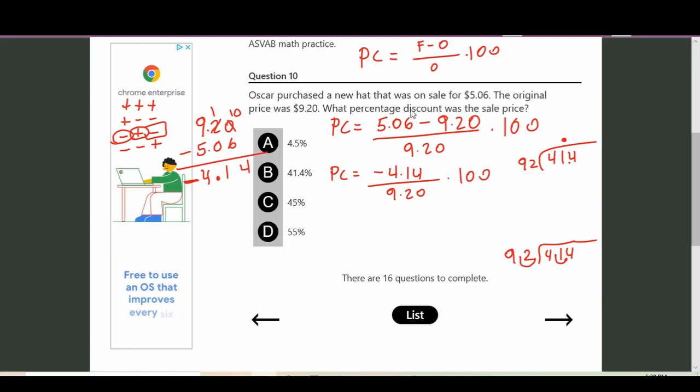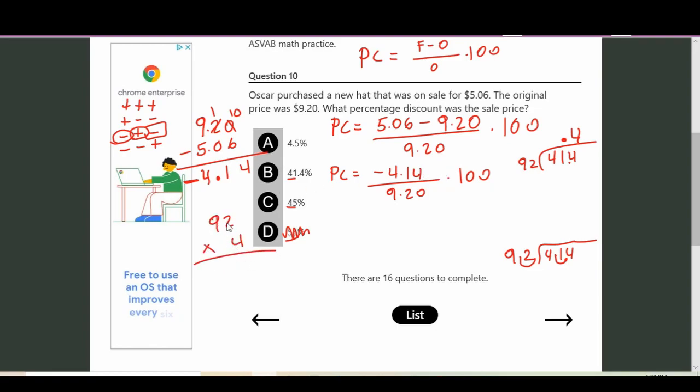Well, 9 times 5 would give you 45. 9 times 4 would give you 36. I know 5 is going to be too big, so this isn't a logical answer choice. That said, this is a little over just 9, it's 92, so I know this is going to be a 4. Let's go ahead and do that. 92 times 4.